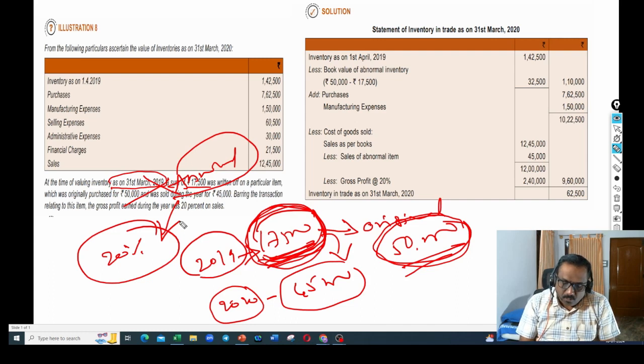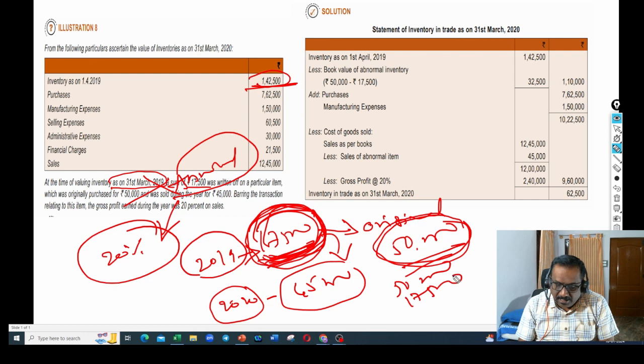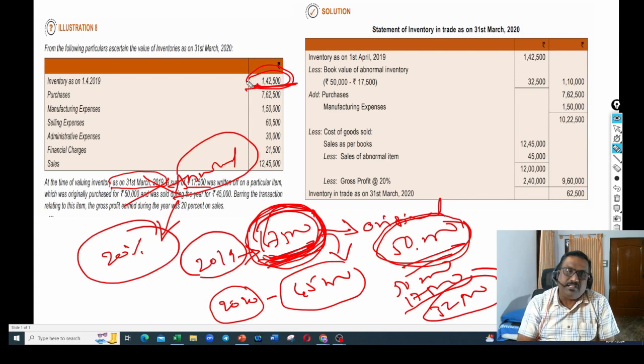See, opening inventory was given as 1,42,500. Are you getting my point? After writing off this 17,500, but what was the original value of that? 50,000. So that means 50,000 minus 17,500, 32,500 rupees worth of inventory value is already included in this opening inventory.